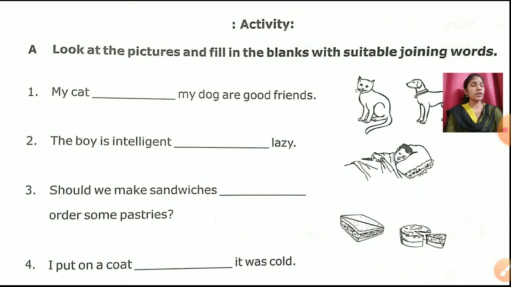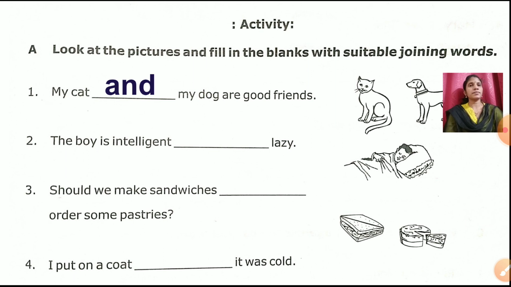So here what we are talking about, animals, isn't it? So which word you are going to use? My cat and my dog are good friends. Okay, they are good friends.